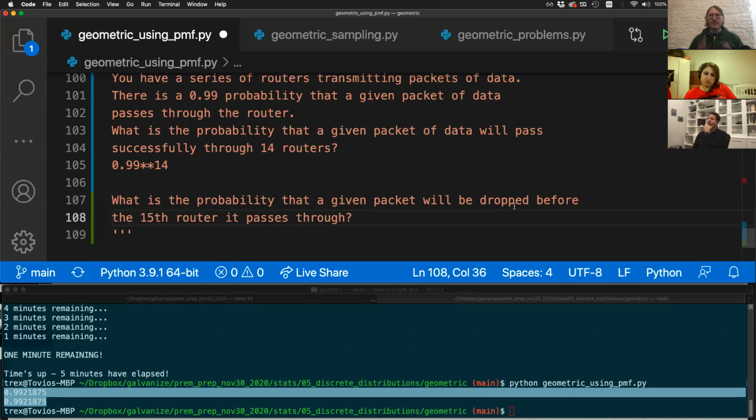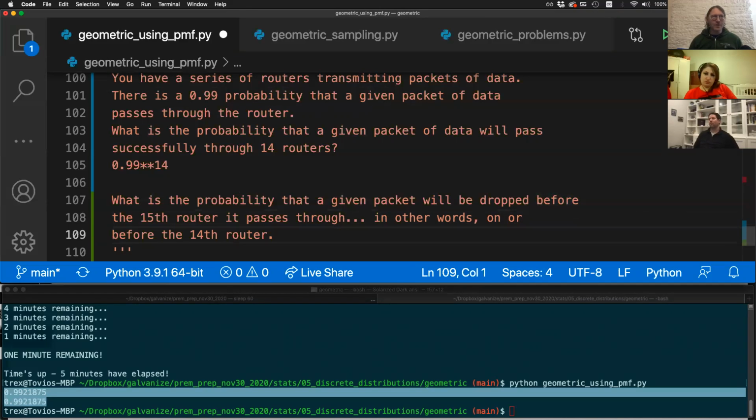What does before the 15th router mean? It means on or before the 14th router. In other words, on or before the 14th router. And that should make it easier to answer this question.